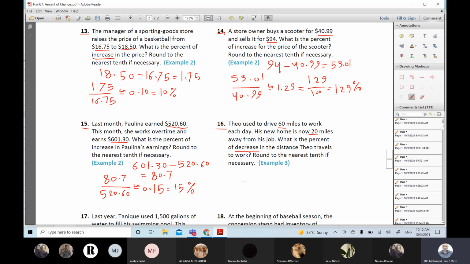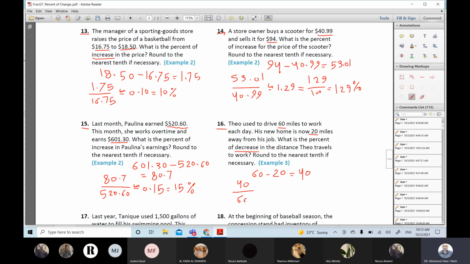Great work. So as you see here, we want to find the percent of decrease. So at the first, we want to find the amount of decrease. So 60 minus 20 will be 40. Then the part will be 40. And who can tell me what is the whole number here? What is the original number? Is it 60 or 20? It will be 60.